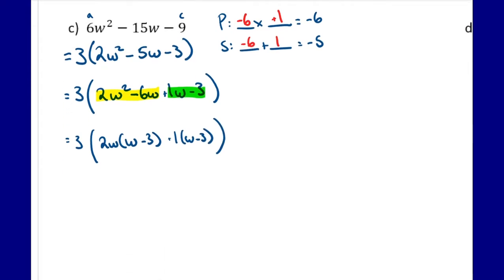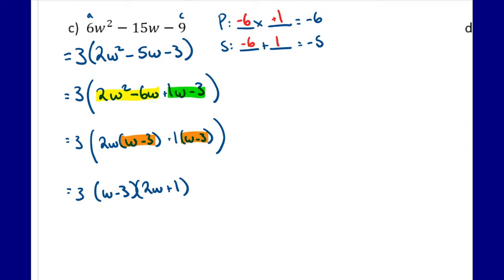Then we can factor by grouping. The original 3 is still there. We're factoring out w minus 3. And then what's left over is the 2w plus 1. And that is our final factored form.